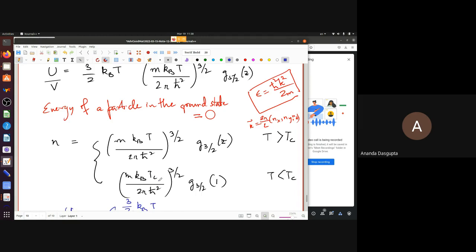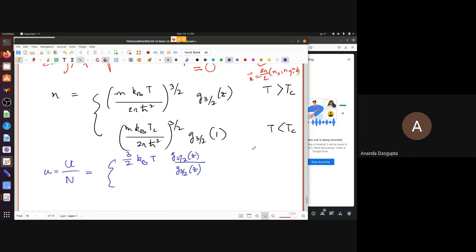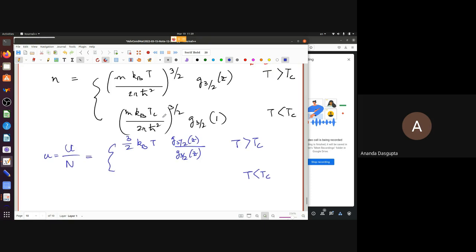kBT times G5/2(Z) over G3/2(Z). This is for T more than Tc. For T less than Tc, now you have to divide by this, so it becomes slightly more complicated.